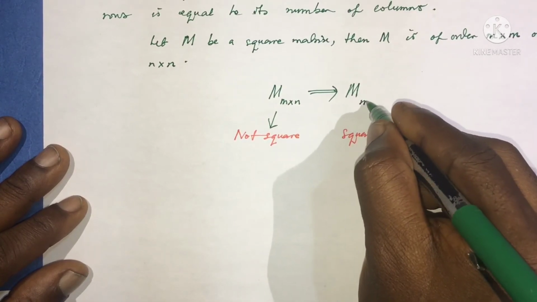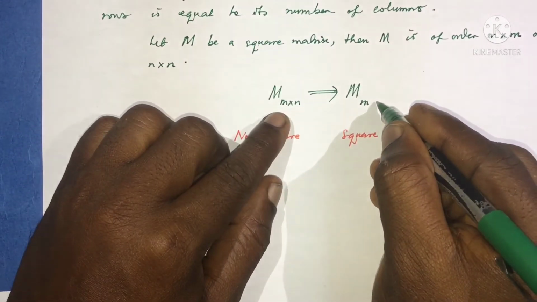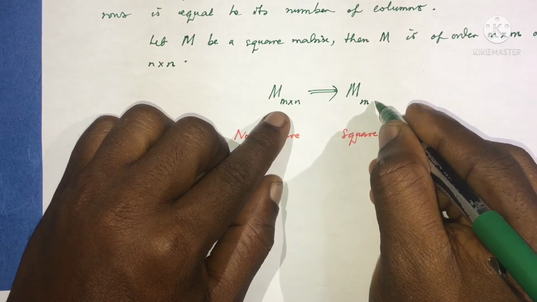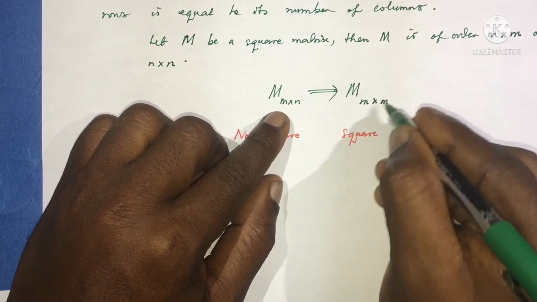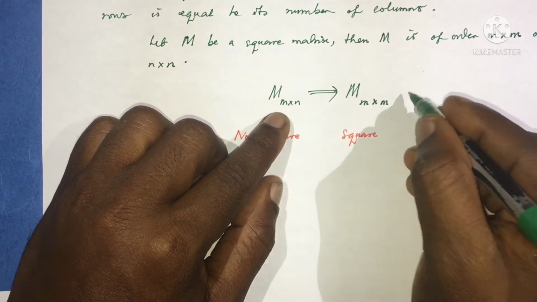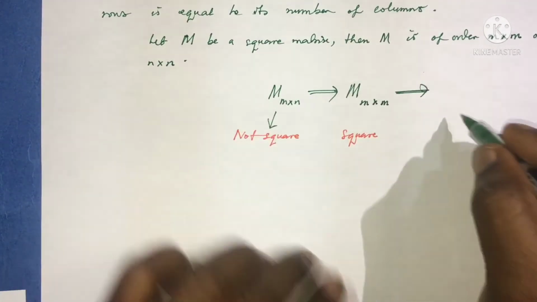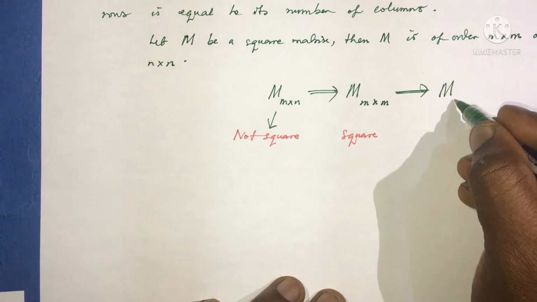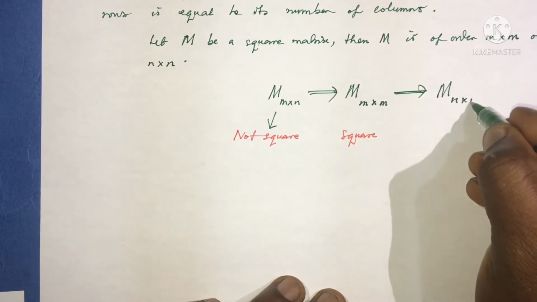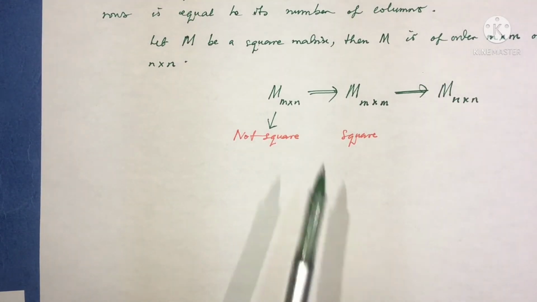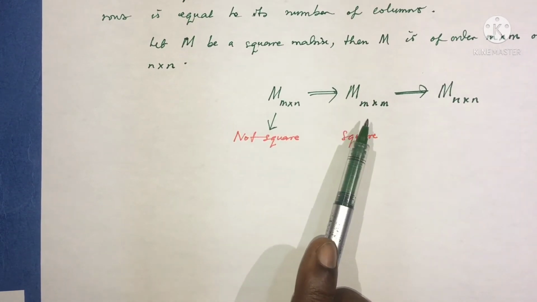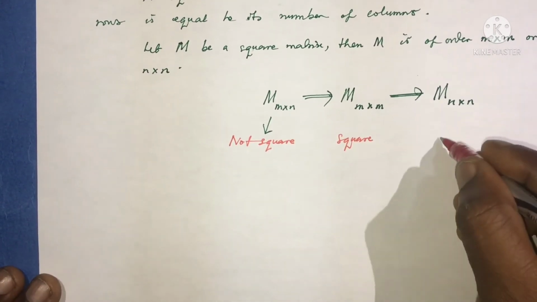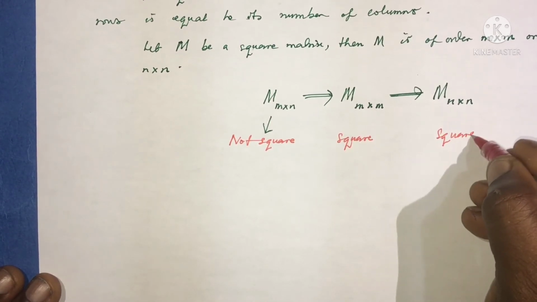It is only going to happen if M is equal to N. In this case, M will now be N, so you can write M in place of N. If the number of rows becomes equal to the number of columns, then it becomes a square matrix.